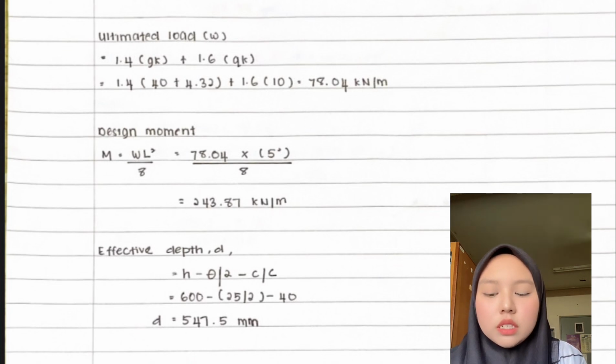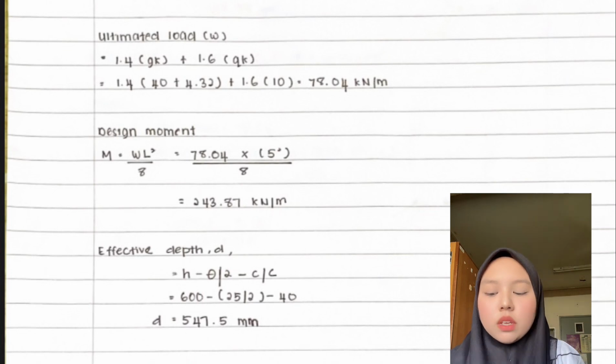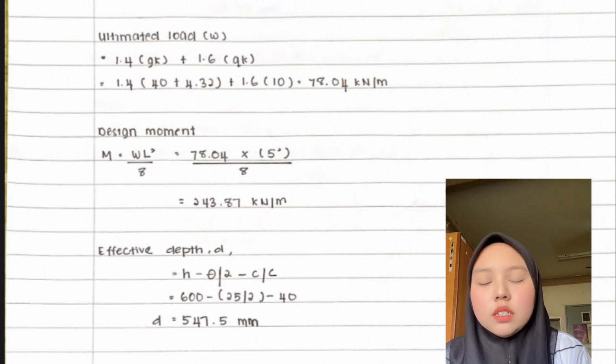So 78.04 times 5 square over 8. So the answer is 243.87 kN m. For effective depth, 600 minus 25 over 2 minus 40. So the answer for depth is 547.5 mm.